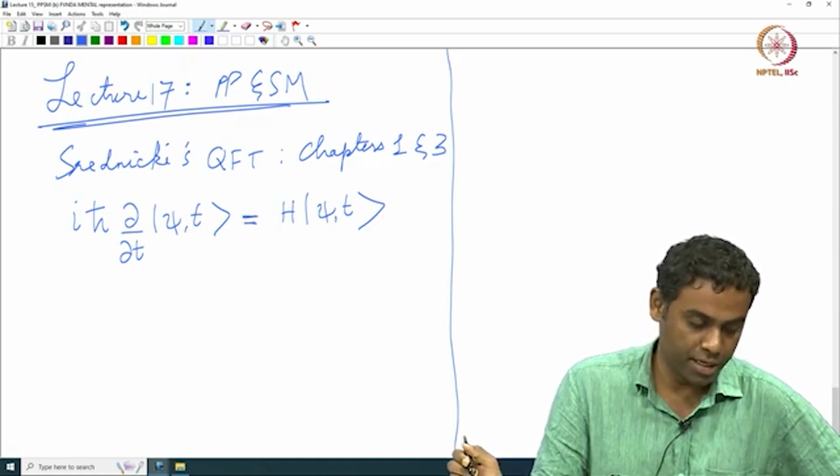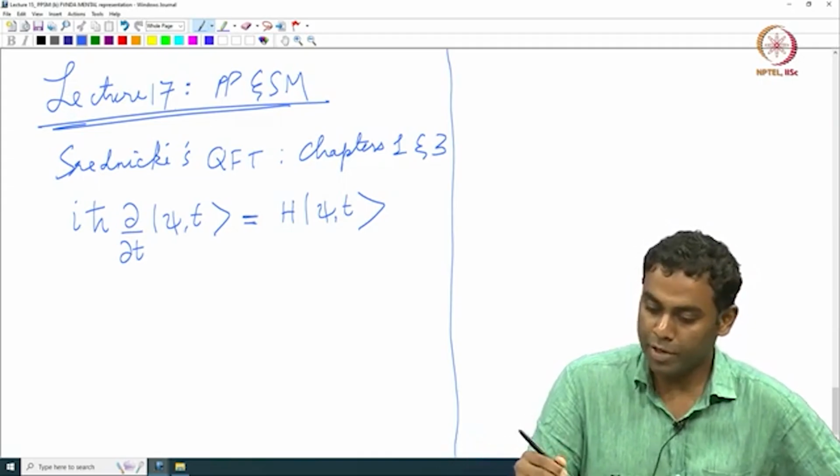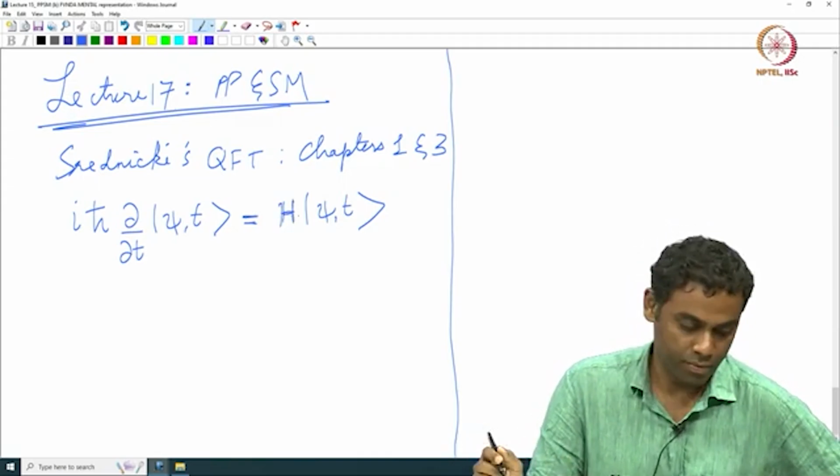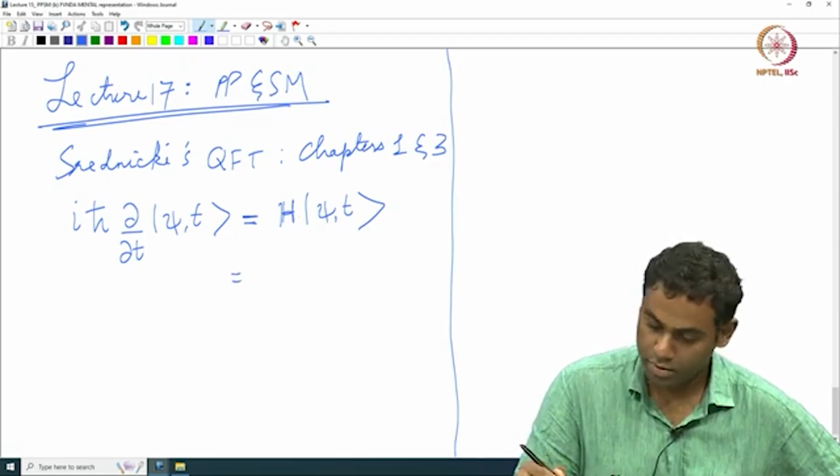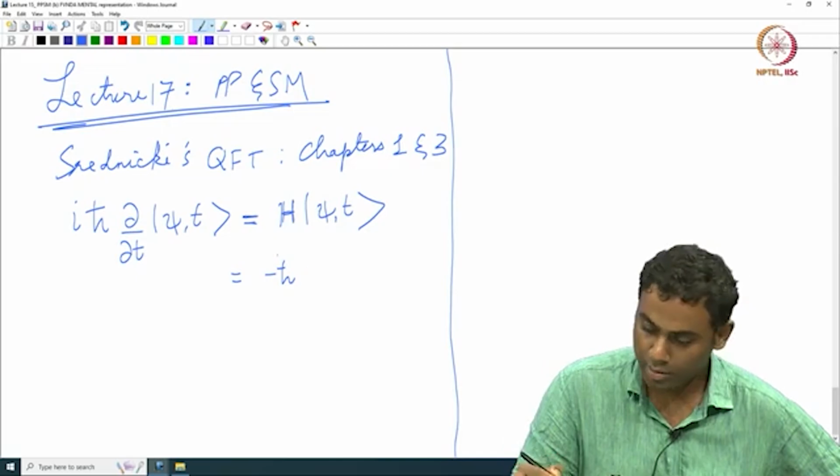So, now if I take a free particle which has no spin, I can now rewrite this with the Hamiltonian operator, correct.